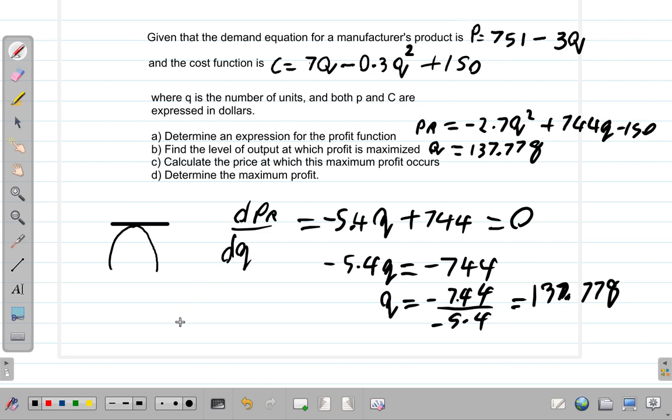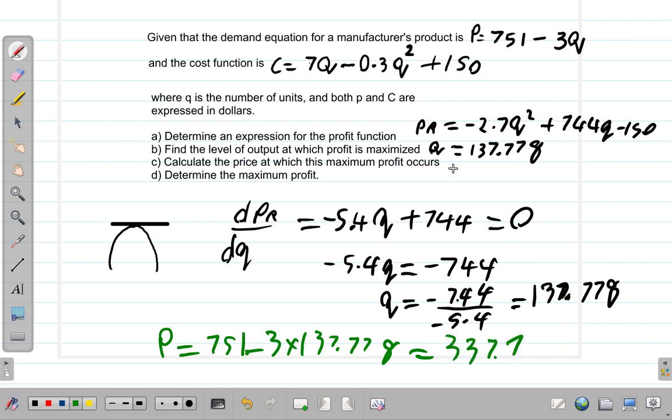In this case, the price P equals 751 minus 3 times 137.778, and you get 337.7. So the price would be 337.7.